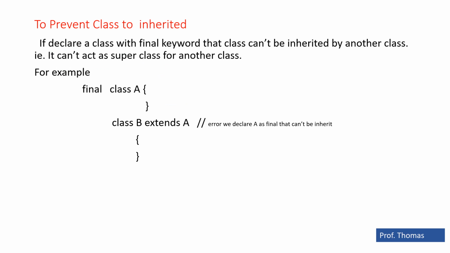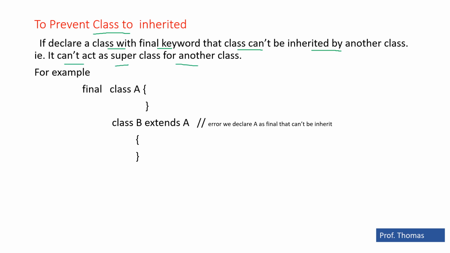Next, the final keyword is used to prevent a class from being inherited. If you declare a class with the final keyword, that class cannot be inherited by another class. It can't be added as a superclass for another class.